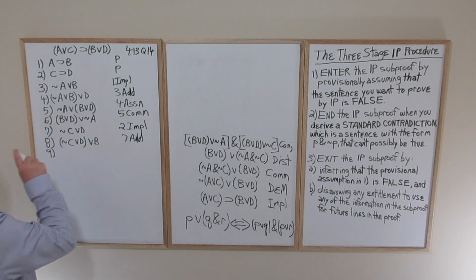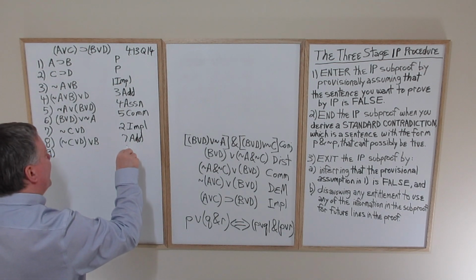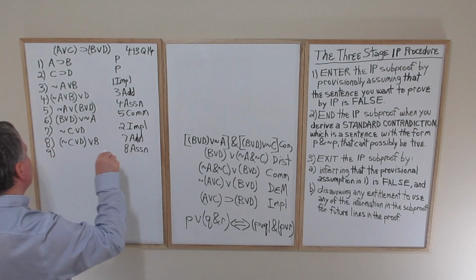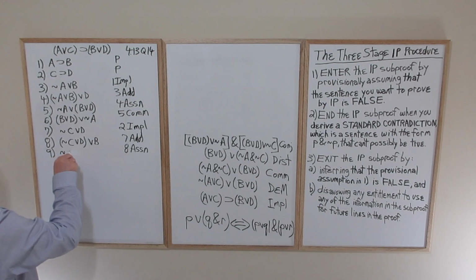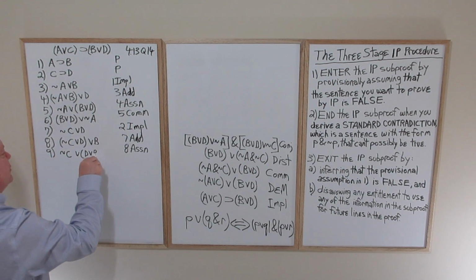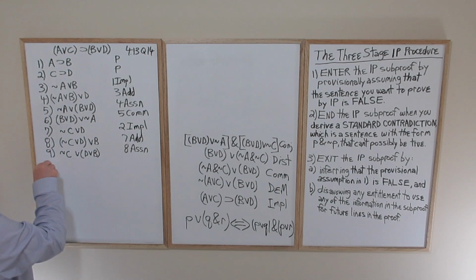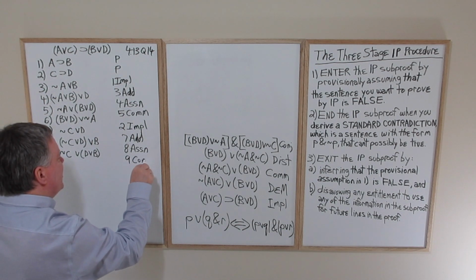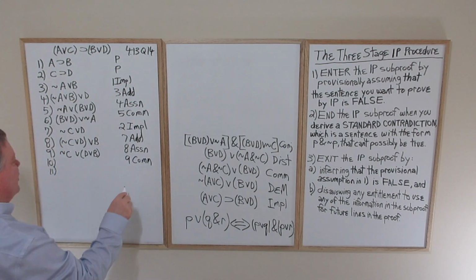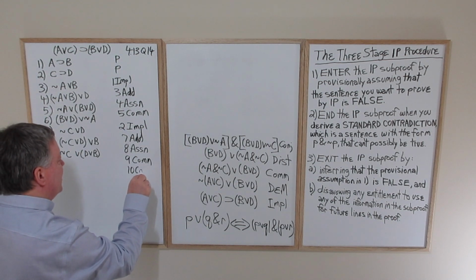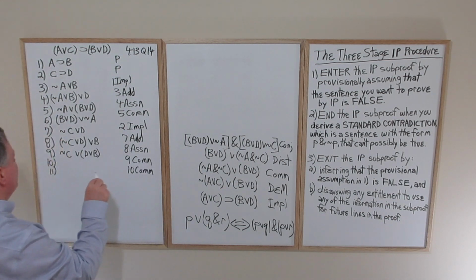Now, we will do 8 association to give us tilde C or D or B. Then we'll have to do a commutation on part of line 9, and then a second commutation on the entire line 10.